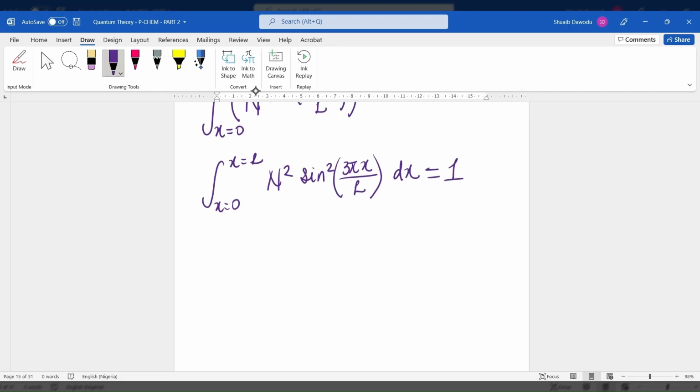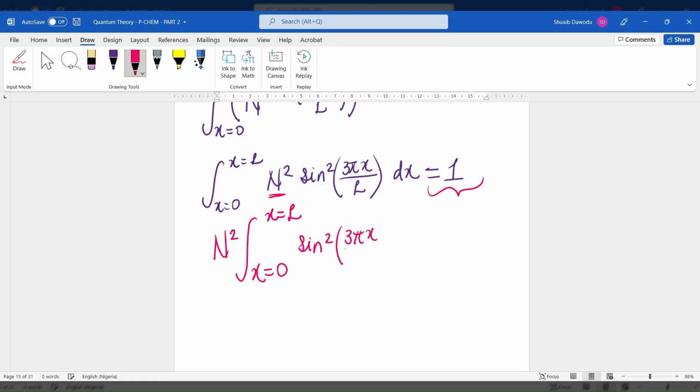Now, going forward, I'm going to ignore the equals 1 here until we have successfully integrated everything, just because I don't want our work to have extra information that is not necessary at this point. Anyways, now we go back to our knowledge of calculus. We see that n squared is a constant. We can bring that out. So that would just be n squared, integration symbol x equals 0 to x equals L. So you end up with sine squared 3 pi x over L, okay, dx.